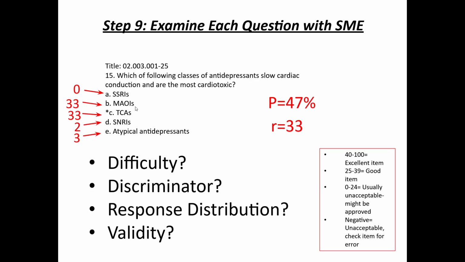The majority of the students who got it wrong chose MAO inhibitors. It's important to remember that the main problem with tricyclics is their cardiotoxicity. In terms of internal validity, I can guarantee that was covered a lot in the lectures about behavioral health medications and how careful you have to be.